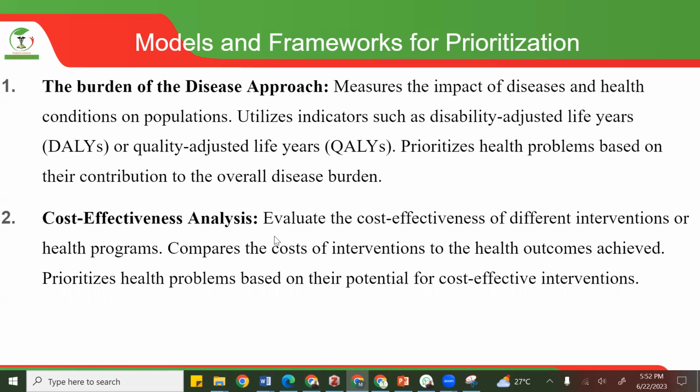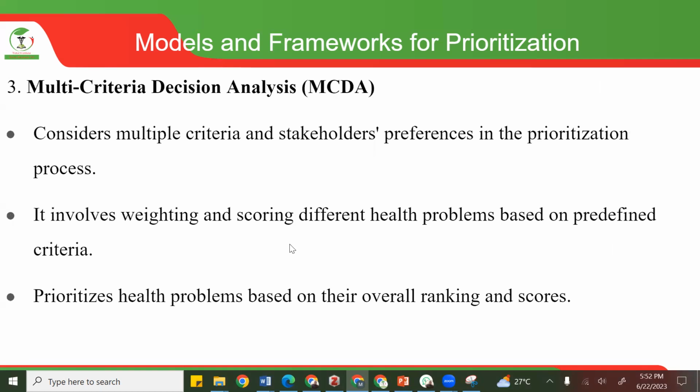And then you can look at the economics, which is basically cost-effectiveness analysis. You want to have an intervention that achieves the most outcomes. Okay, you want to have value for money in your interventions.